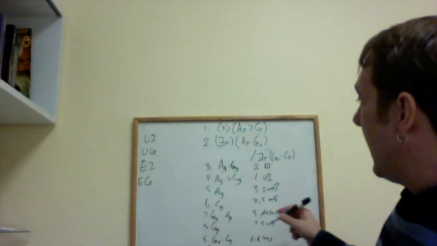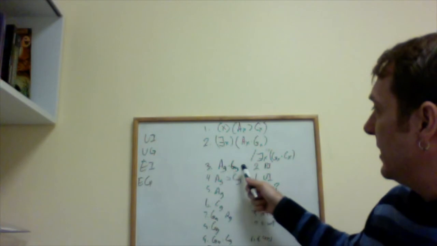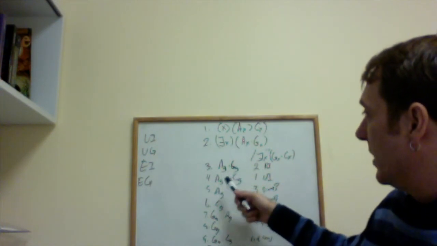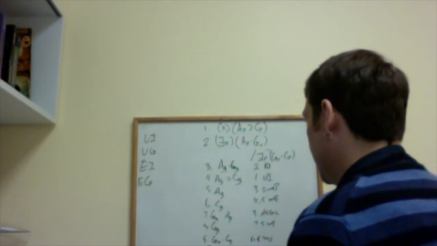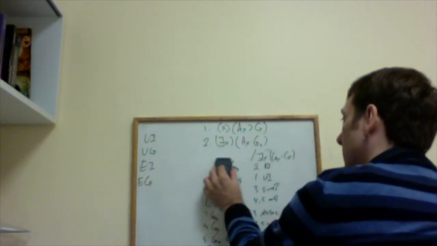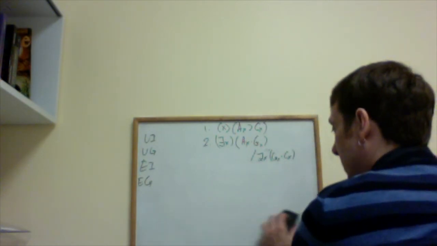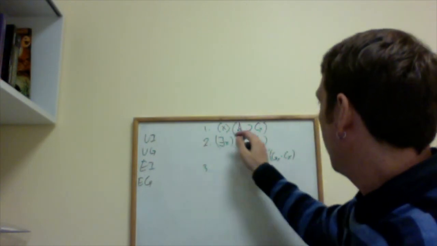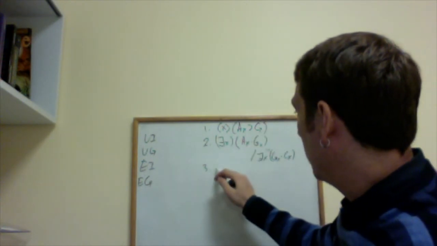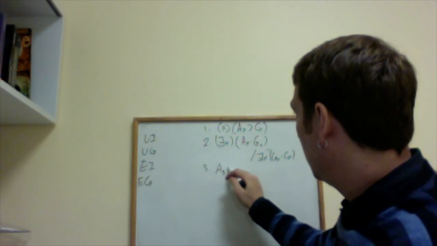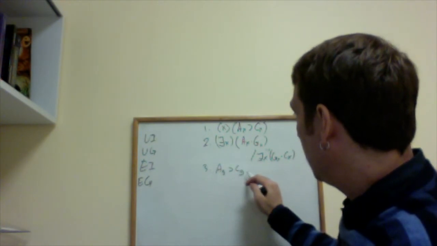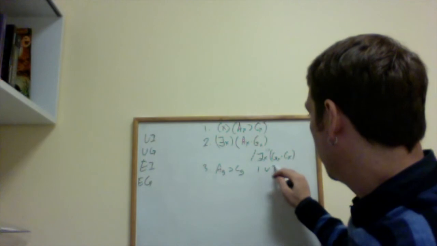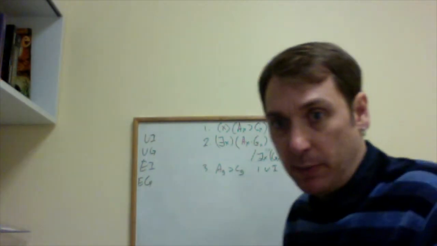Because the one thing we had to do here was we started with this existential instantiation. Now suppose we didn't start with the existential instantiation. Suppose that we started this way. Suppose that we wrote down line 3 and we started here. And so we wrote AG horseshoe CG from line 1 by universal instantiation. That's perfectly allowable.